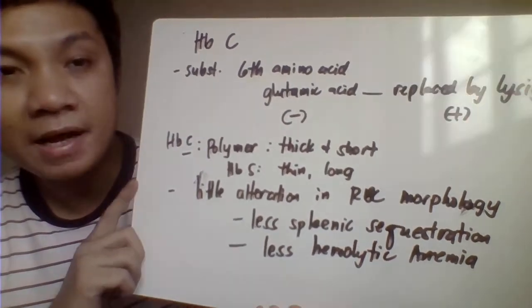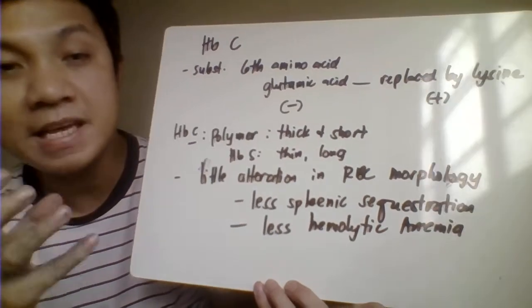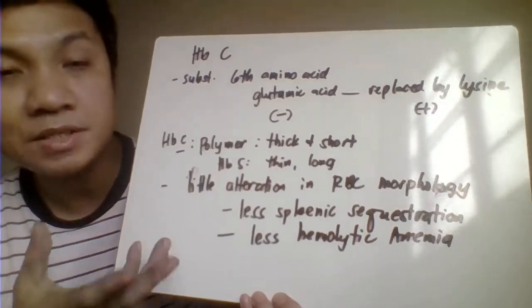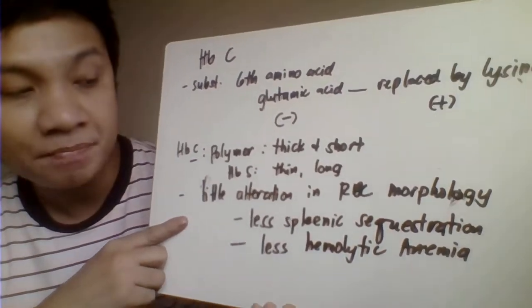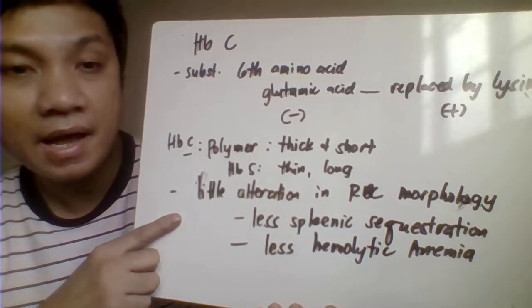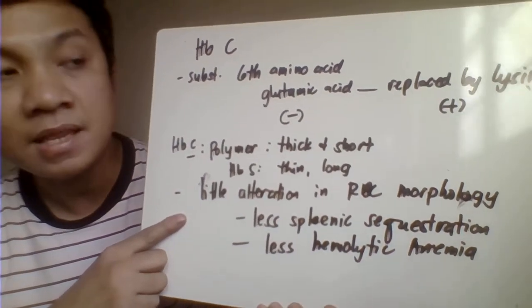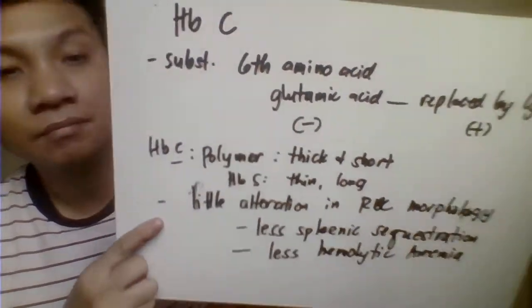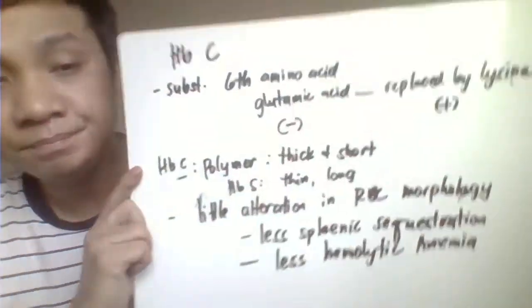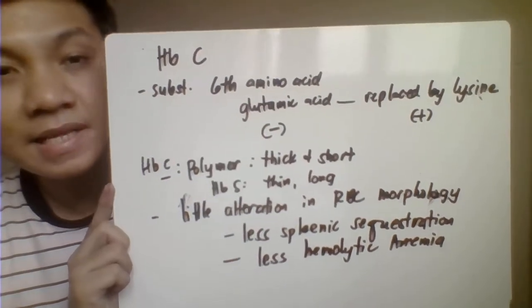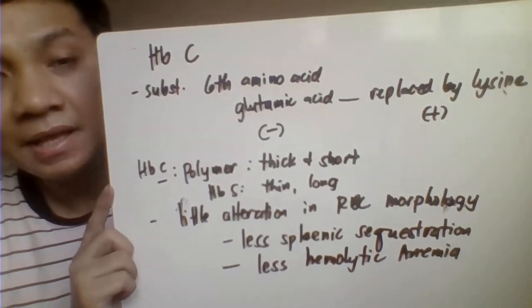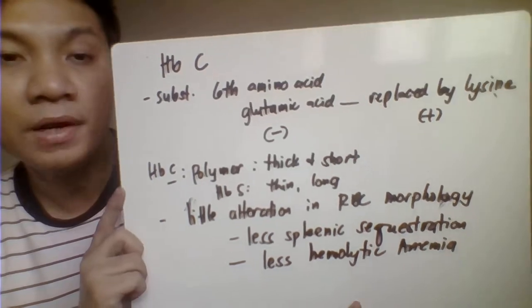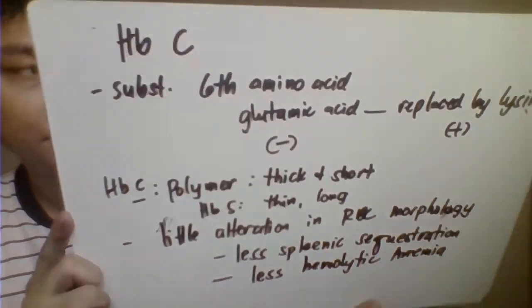With hemoglobin S, your red blood cells become C or S shaped. Here, the shape does not change much, and therefore it would have less sequestration by the spleen and at the same time less hemolytic anemia. Okay, this is a non-sickling hemoglobin, and is considered to be the third most common hemoglobinopathy in the world.